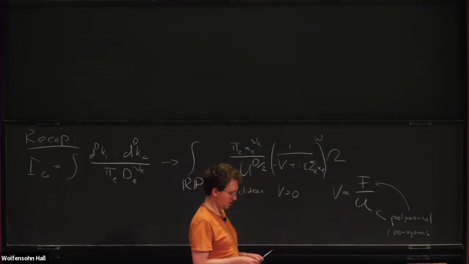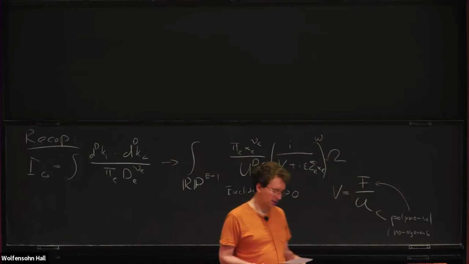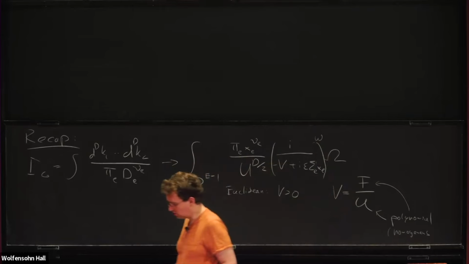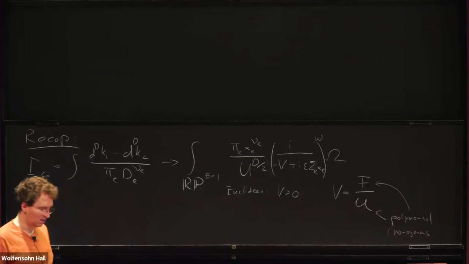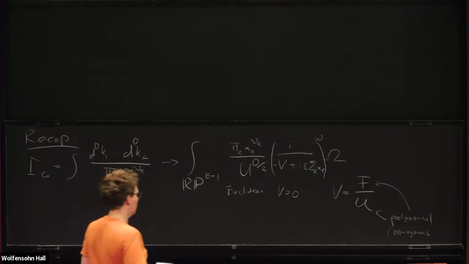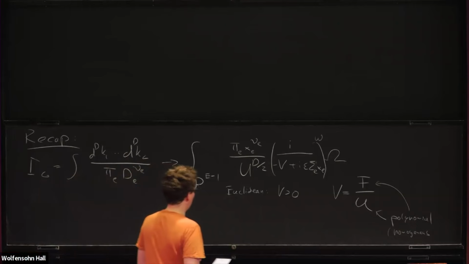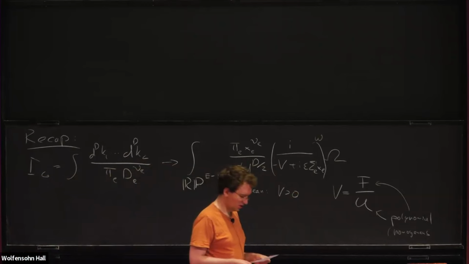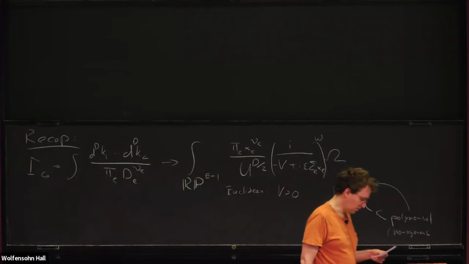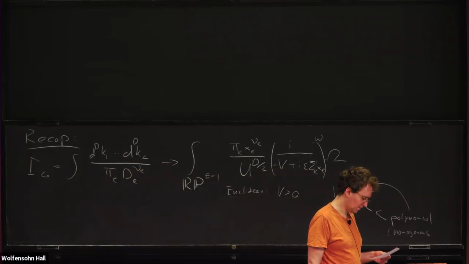So one can write down formulas in terms of the structure of the graphs, at least in the scalar case. For the cases where we have numerators or where we have linear propagators and so on, I don't know any nice combinatorial formulas for these polynomials, but it would be great to have them for many applications.